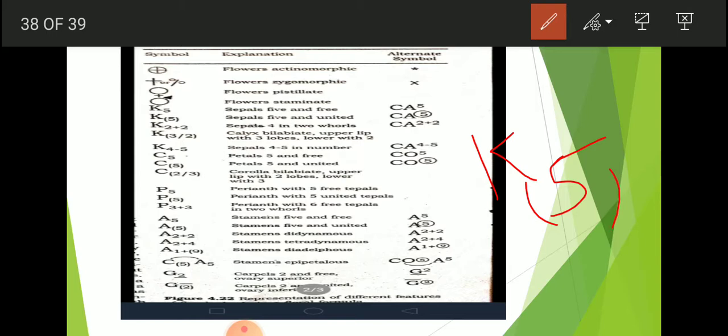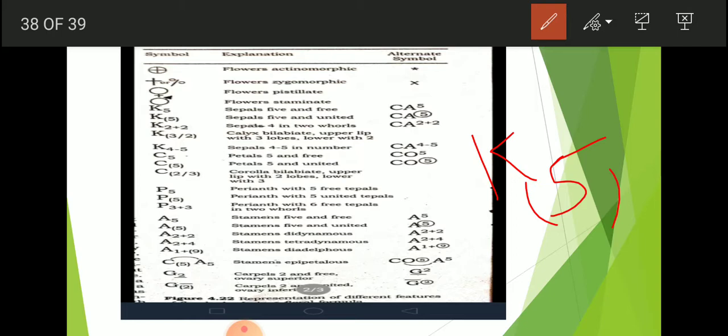Now next comes 2 plus 2. 2 plus 2 means there are two whorls with 4 sepals in total, that is, in one whorl there are 2 sepals. There are 2 groups.